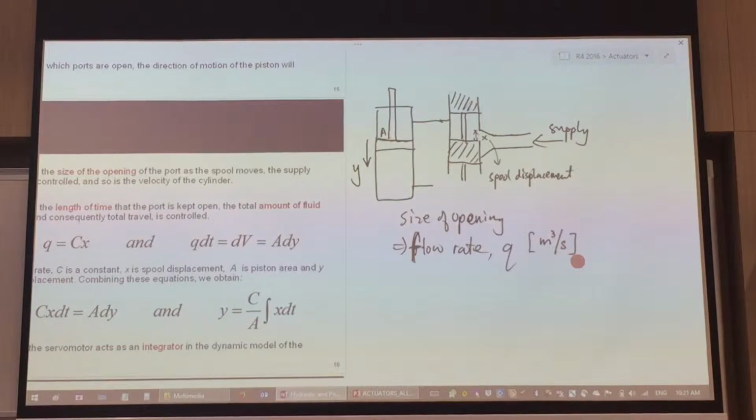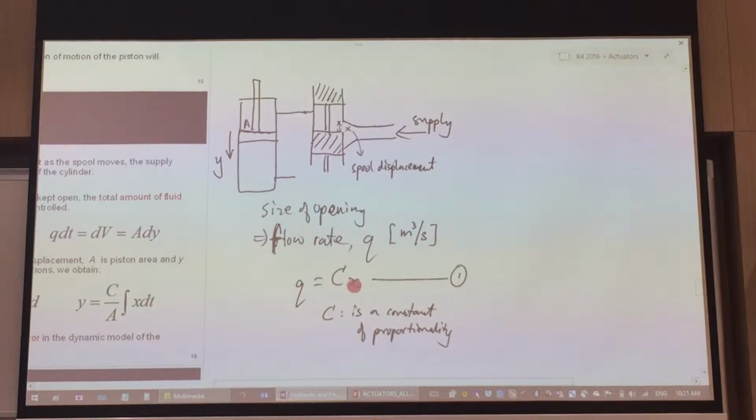So we can relate this flow rate q, volumetric flow rate, to X by a constant C. So C is a constant, the constant of proportionality. I call this equation 1.